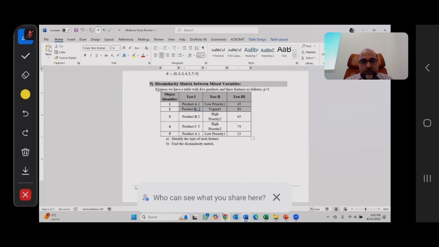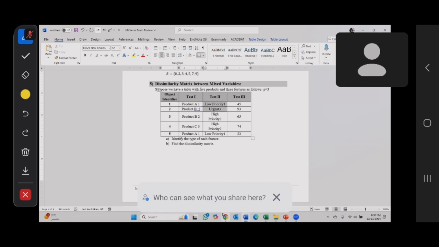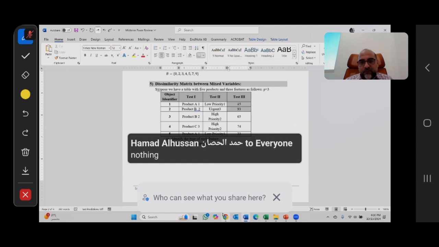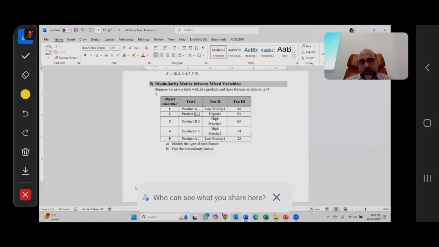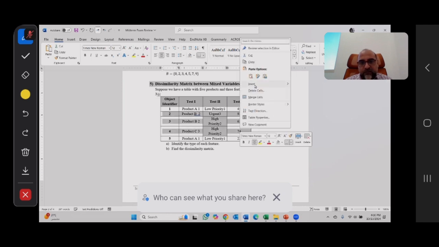What about these two? How many of their characteristics are matching out of 3? Is this matching? No. Is this matching? No. Is this matching? No. So that's like 3 not matching. But what about 1 and 5? Let's look at 1 and 5.